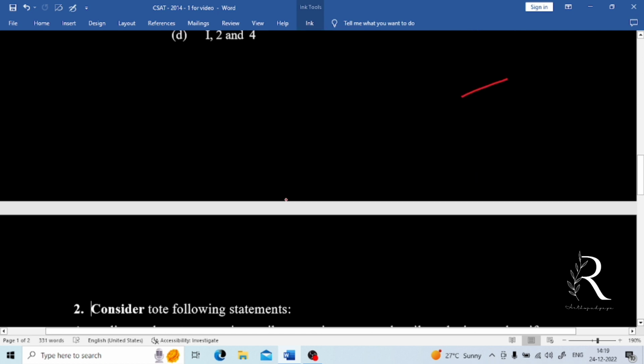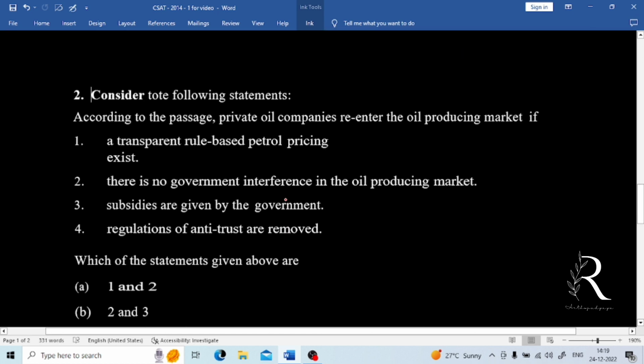I will tell you how. So this is the first question, and the passage carries two questions here. This is a previous year UPSC question passage I have taken out, from the 2014 question paper. Second question: according to the passage, private oil companies re-enter the oil producing market if, which means the private oil companies are not there at present, they will re-enter if something happens.